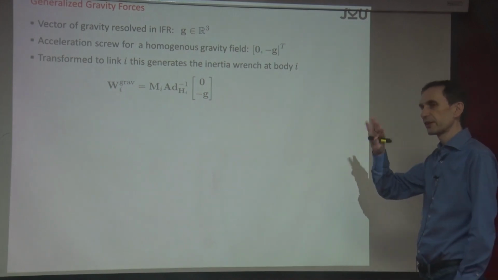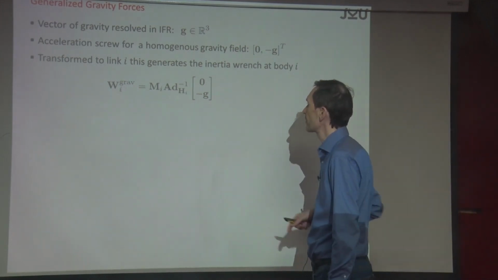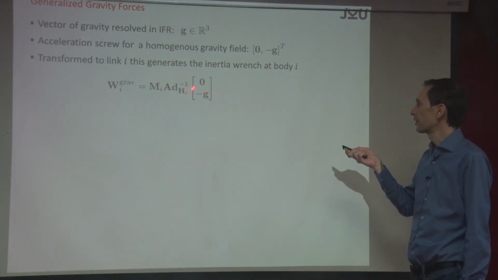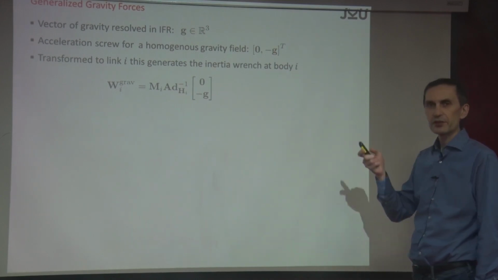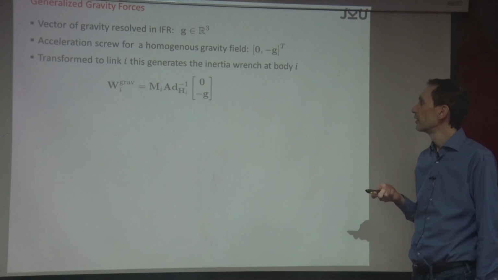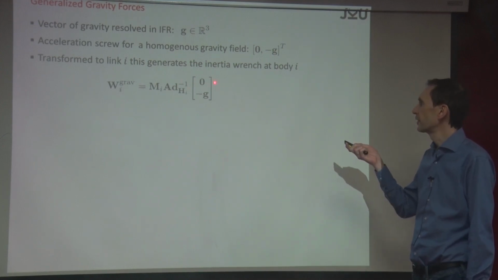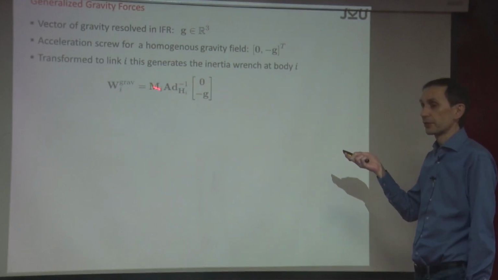It depends a bit on the sign convention, up and down. Let's say we have minus g, and this is a wrench, by the way, right? So this is supposed to be a wrench in the sense that we have a moment and a force. This is an acceleration. We have an angular acceleration and a linear acceleration, right?